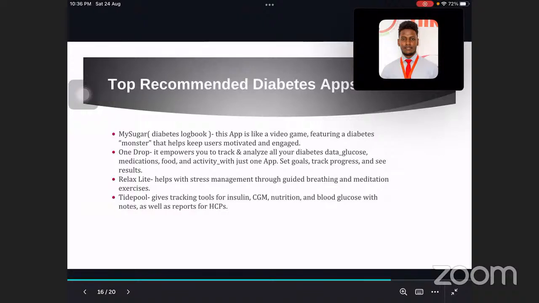We have the My Sugar app or diabetes logbook, and this app is like a video game featuring diabetes as a monster that helps patients keep motivated and engaged in their management.